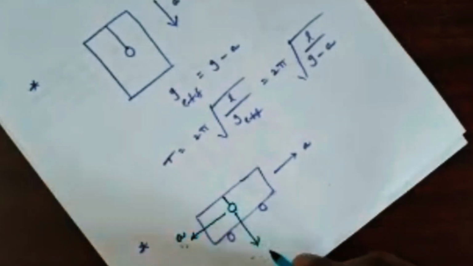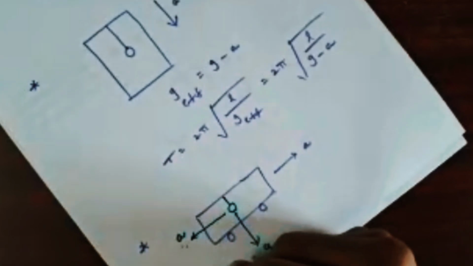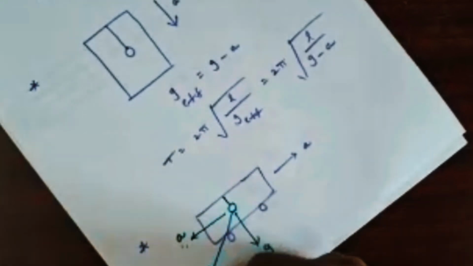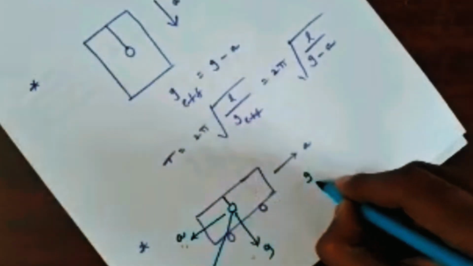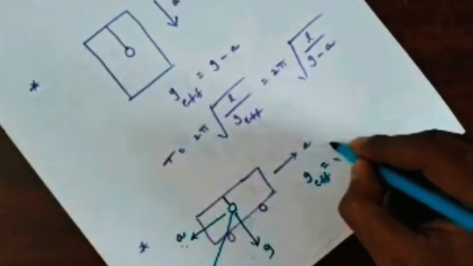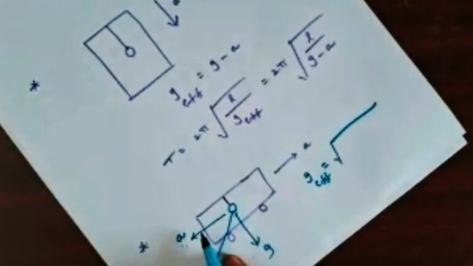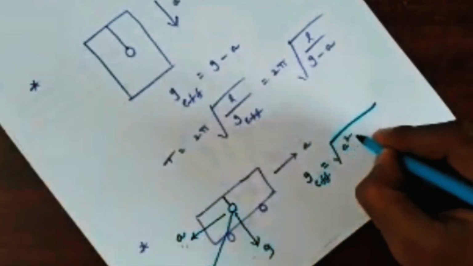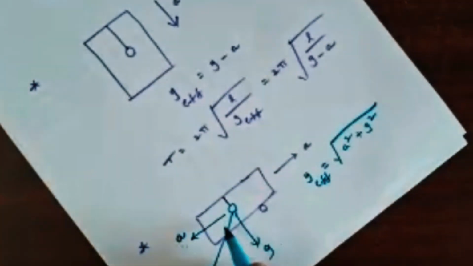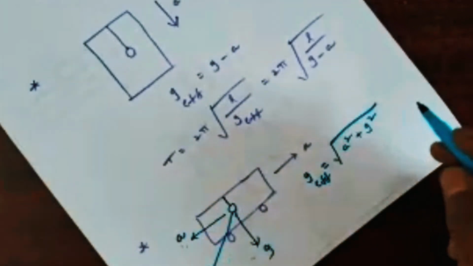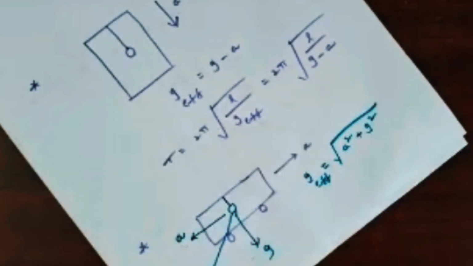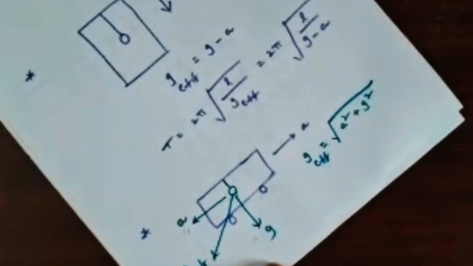At every point, the gravity is acting vertically downwards. Now the resultant is nothing but g effective. According to the parallelogram law of vectors, g effective is equal to root over a square plus g square, and the angle is 90 degrees, so no need to write the third term in the parallelogram law equation.